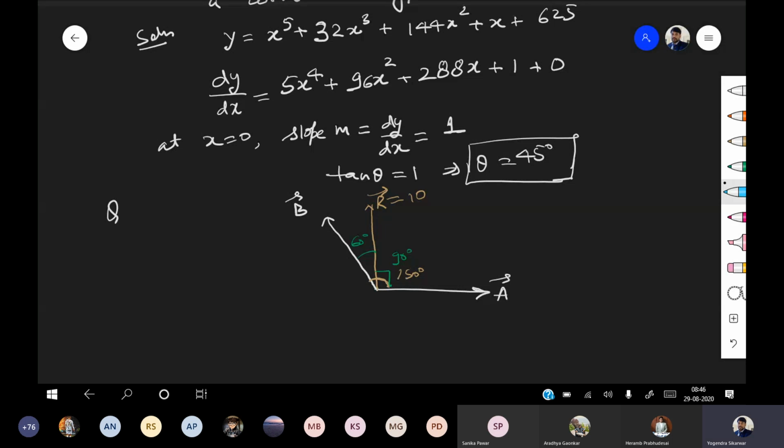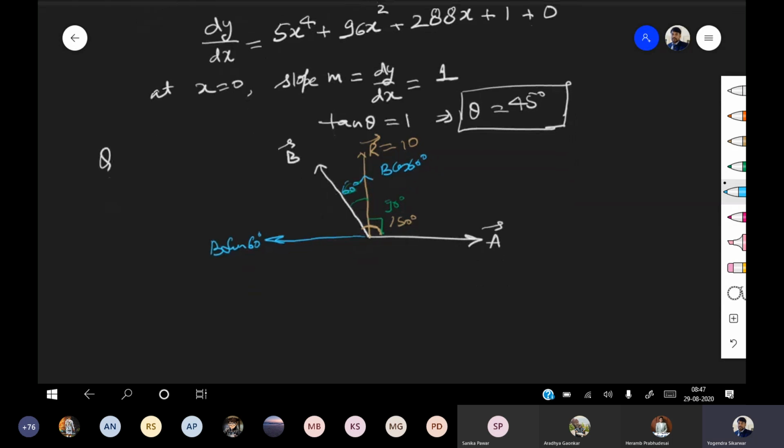Now pay attention. If you take components of B vector, then this component, because it is away from this angle theta 60, will be B sine 60 and this component will be B cos 60.